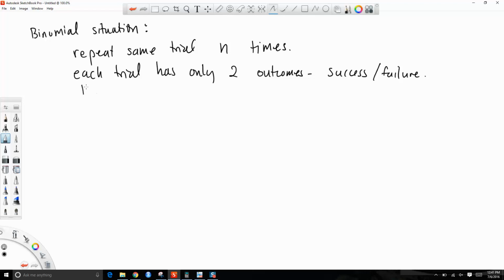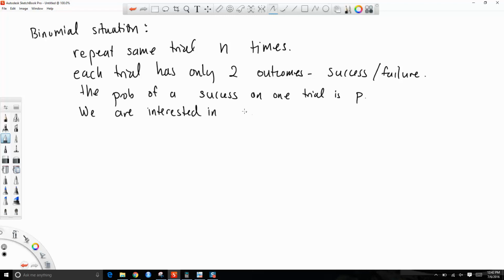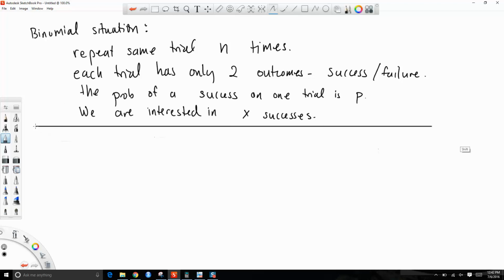And then the probability of a success on one trial is p, and we are interested in x successes.